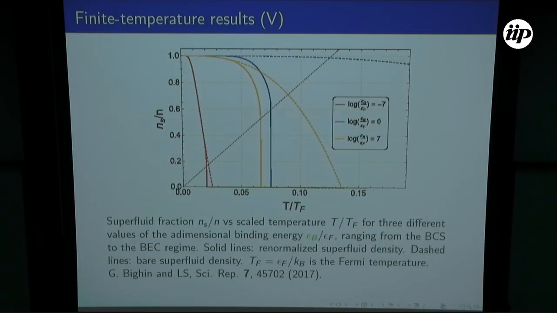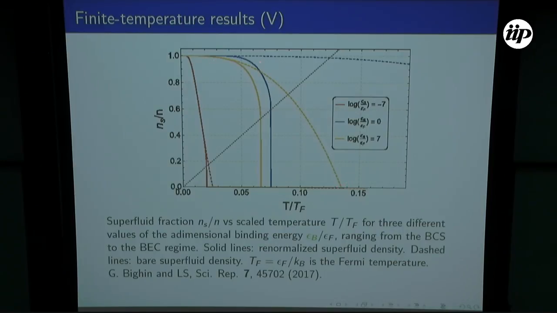Now I will show the plots. The dashed lines are the bare superfluid densities for different values of the interaction between fermions. You see, for instance, the yellow dashed goes to 0 here without a jump.